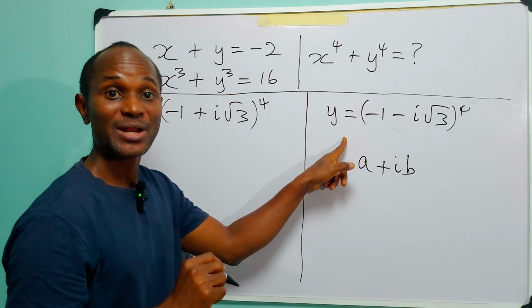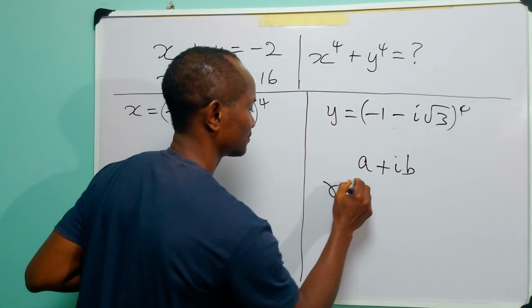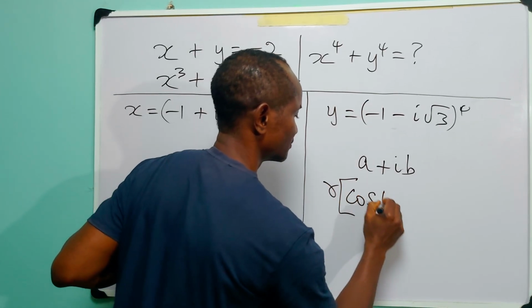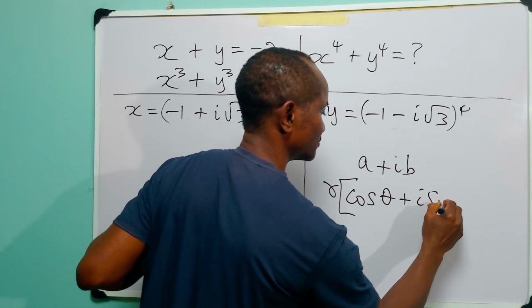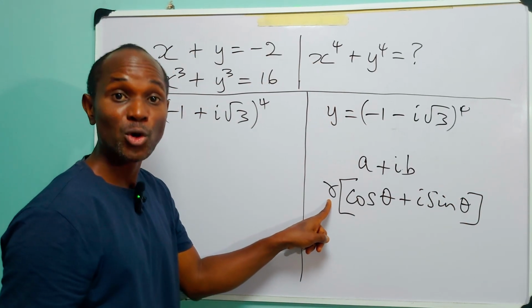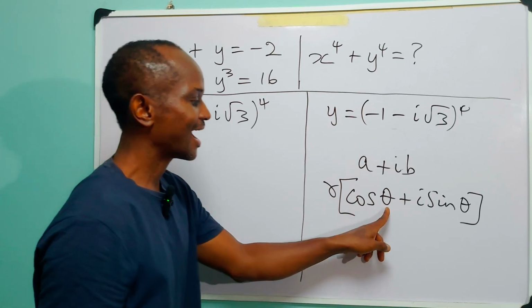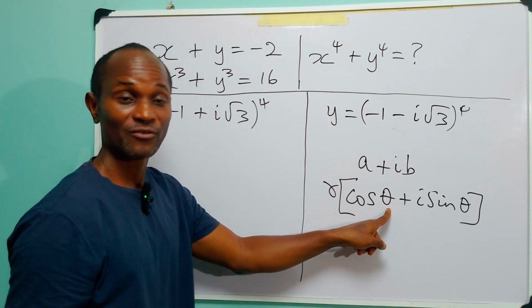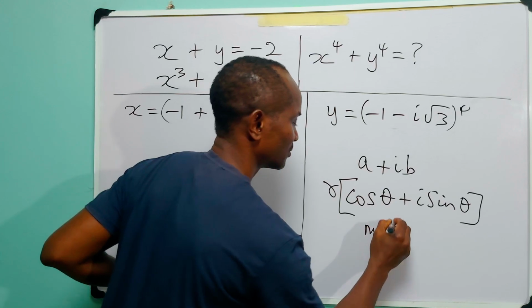The polar form of the complex number is the form where r is the modulus of the complex number and theta is the argument of the complex number.